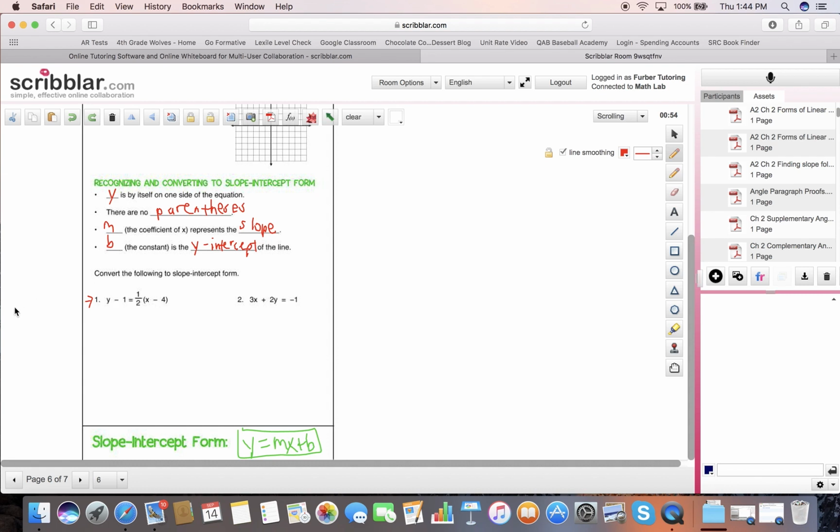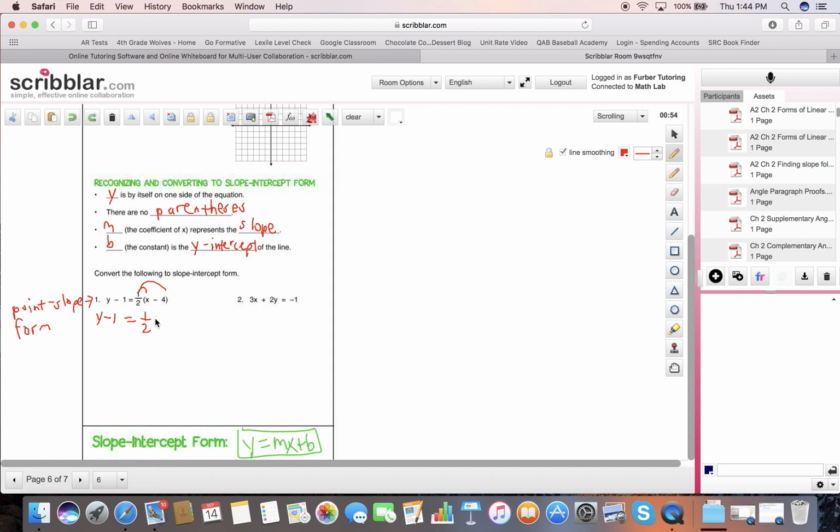So this is in point-slope form, and we're now going to convert it to slope-intercept. And the only way I'm going to do that is by getting the y by itself. But before I can do that, I'm going to have to distribute this right side to get rid of the parentheses, because slope-intercept form has no parentheses. So let's go ahead and distribute it.